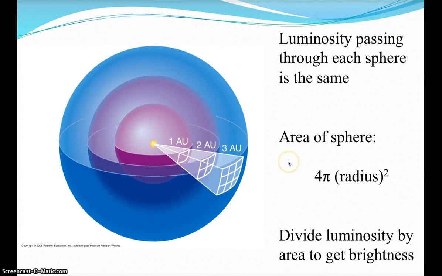Because what happens is we're interested in what is the area that the light is being spread out over, and that's the area of a sphere, which is 4 pi times the radius squared. Of course, the radius of our sphere here is also the distance from the object. If we divide the luminosity of the star by the area that the light is being spread out over, we will get its brightness.